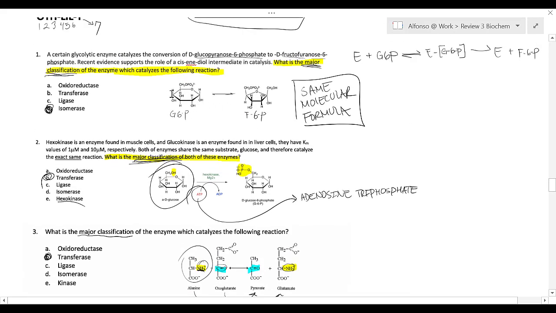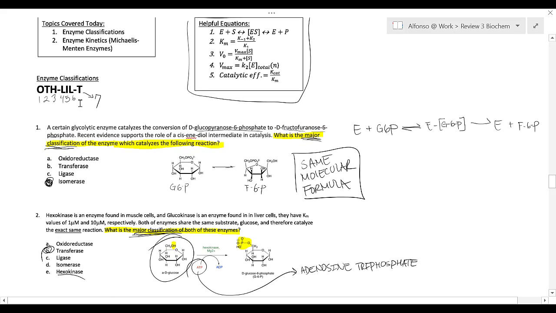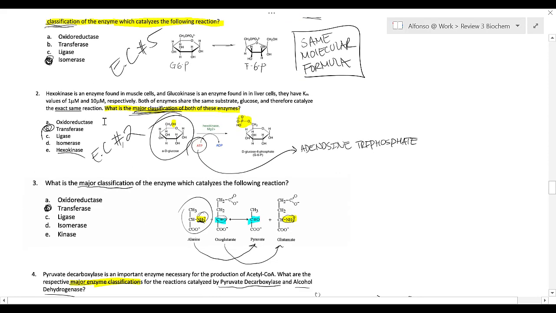If we take off lil T, we know that isomerases are 5, so therefore the EC number is 5. For number 2, off lil T is number 2, so therefore the EC number would be 2. Number 3, this is a transferase, the one that catalyzes this reaction, so therefore the EC number is also 2.